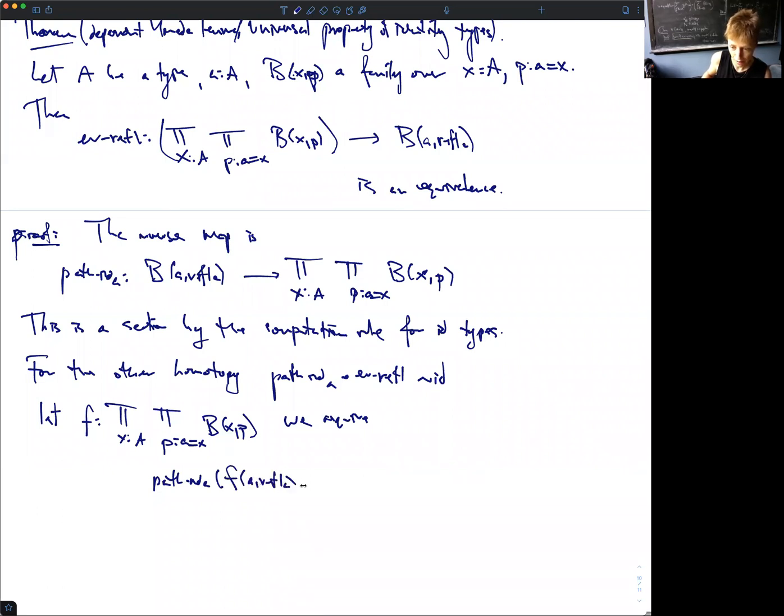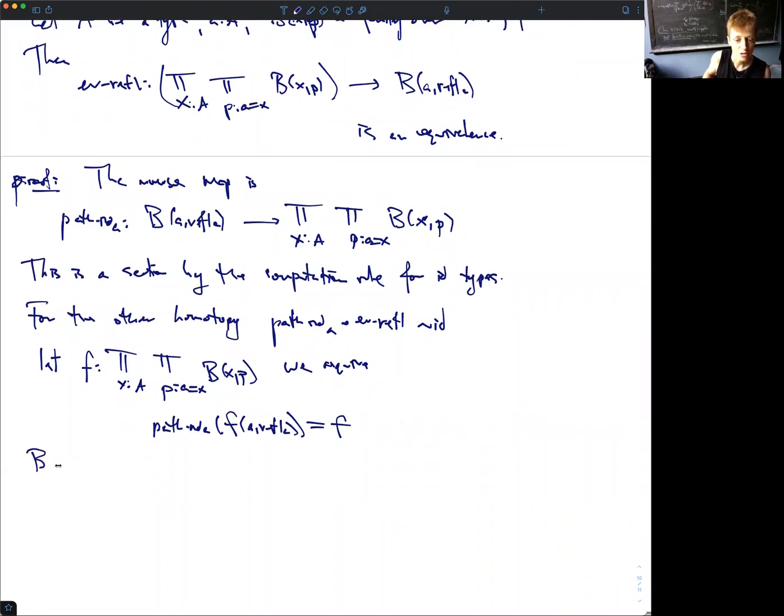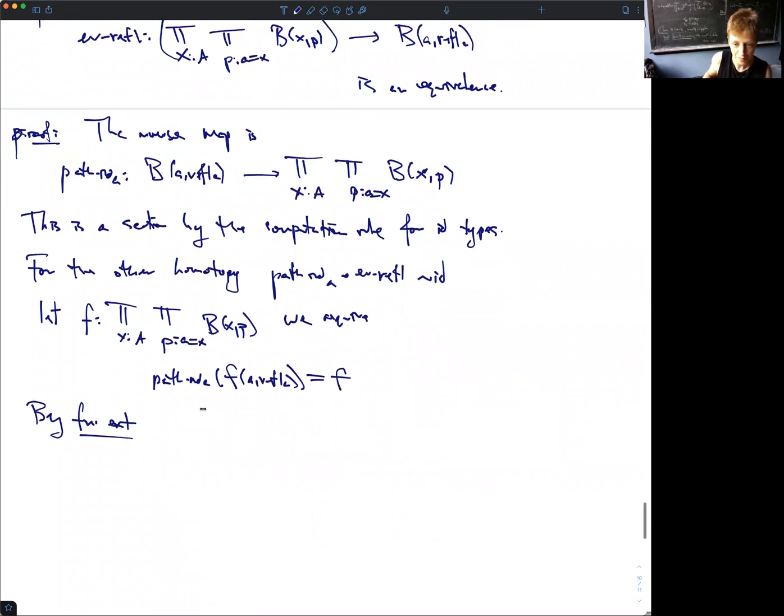That's what ev refl of F does. I require an identification like this. Now these are both names of functions in this dependent function type. So constructing an identification between functions is a priori hard, but now we have function extensionality. And here I'm going to apply this function extensionality twice, because we have two product types here. We have an iterated product type.